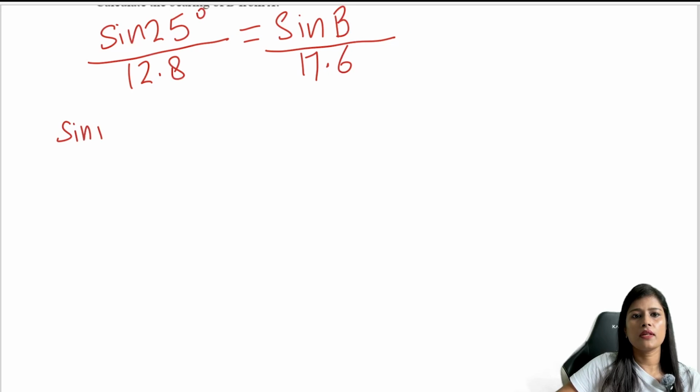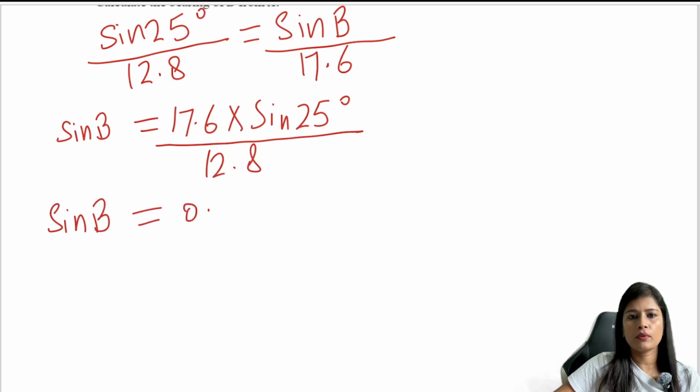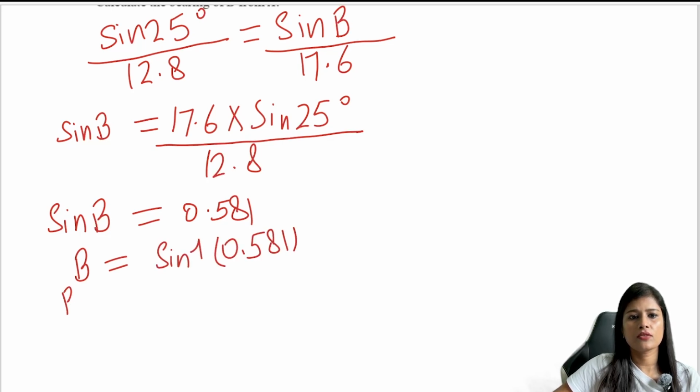So sine B will be 17.6 times sine 25 degree divided by 12.8. Sine B is 0.581. So B will be sine inverse 0.581.